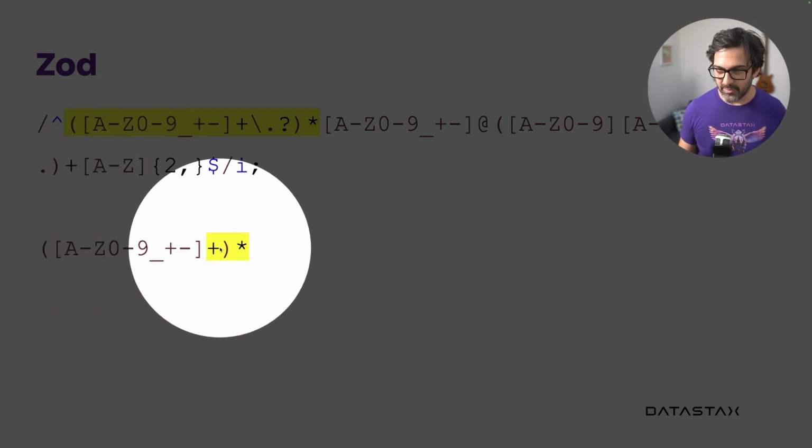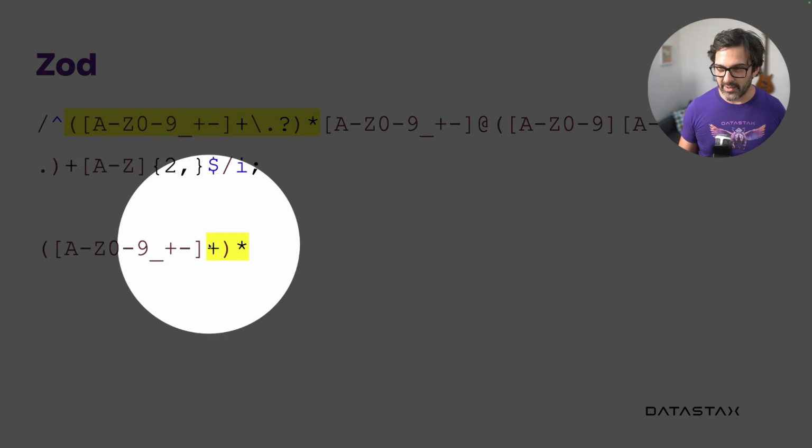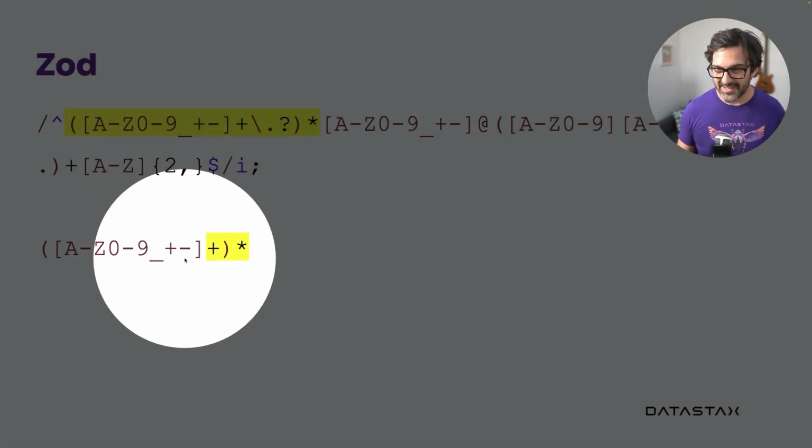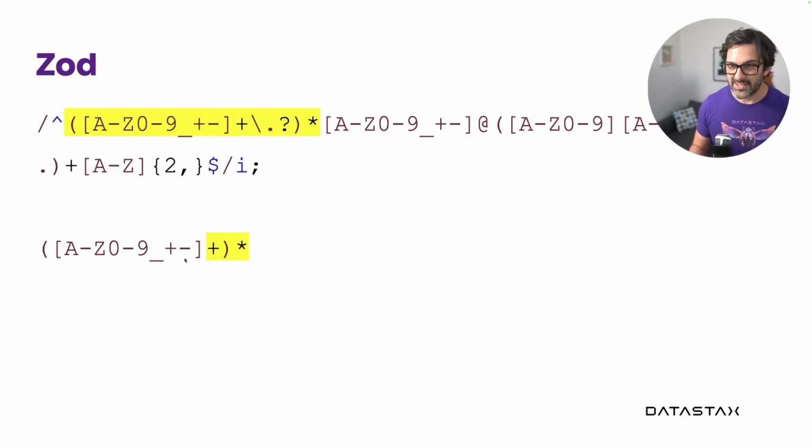And the problem here is this overlap. We've now got 1 or more times and the whole group 0 or more times. But that is just a big overlap. It's basically saying we can have this group of characters any number of times in any kind of way. And that causes the exact same problem again that we saw with the Cloudflare one, with the dot stars.